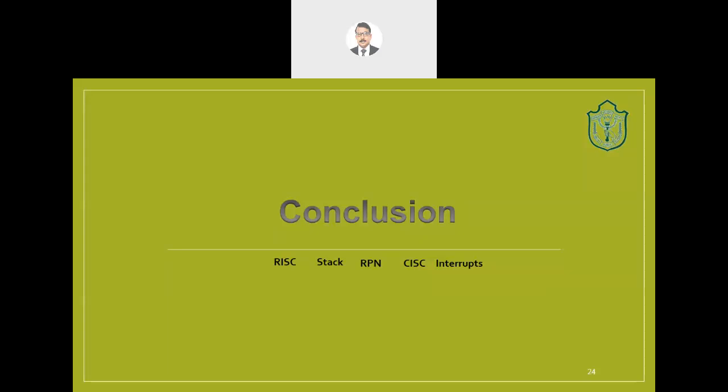So the conclusion of this lecture is this, that we have learned today about the CPU, parts of the CPU, that is register set, ALU and clock unit. Then we learned about the memory unit, and in the memory unit, primary memory and secondary memory.